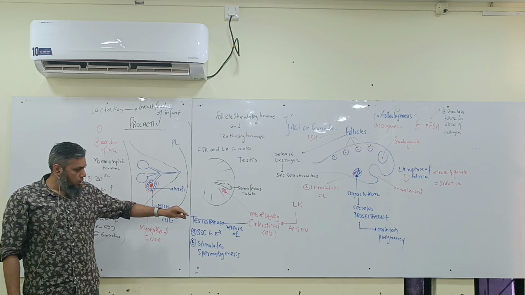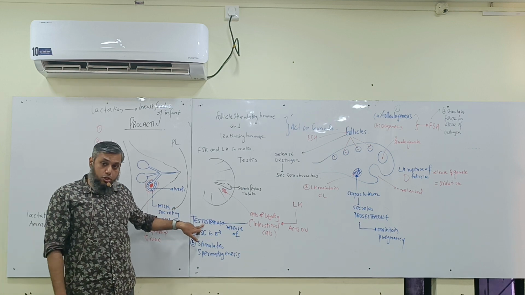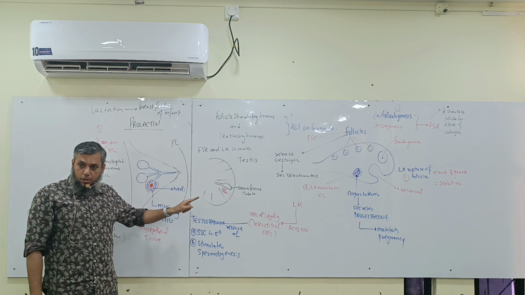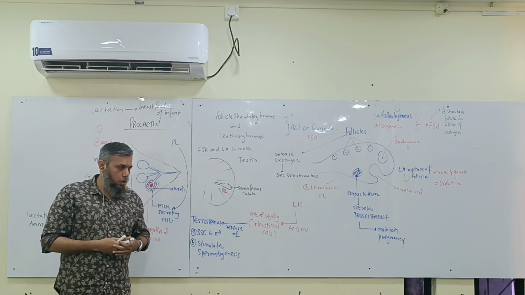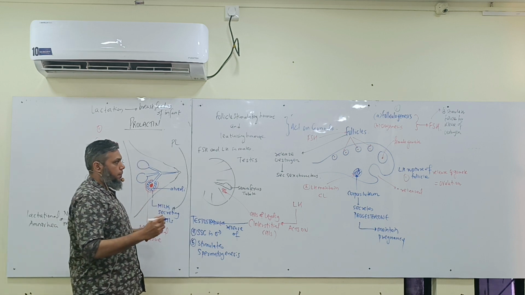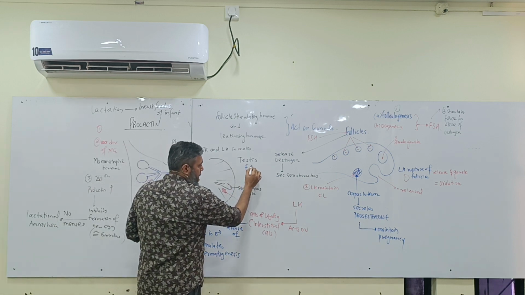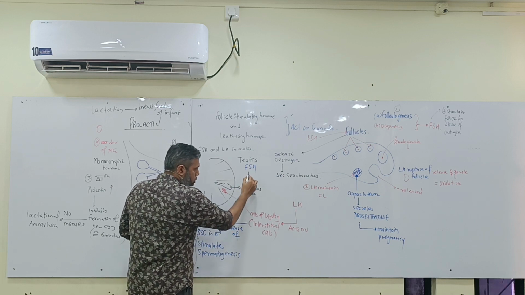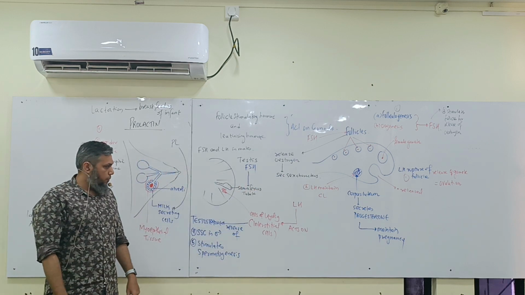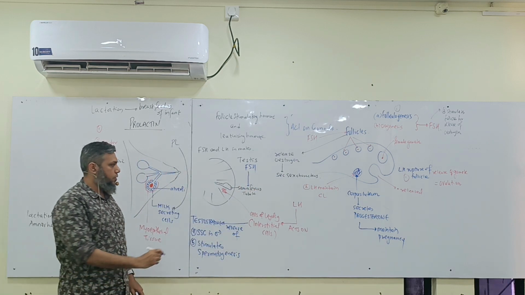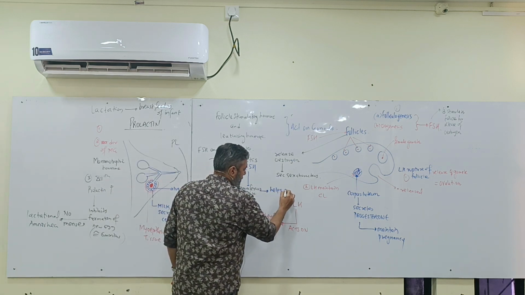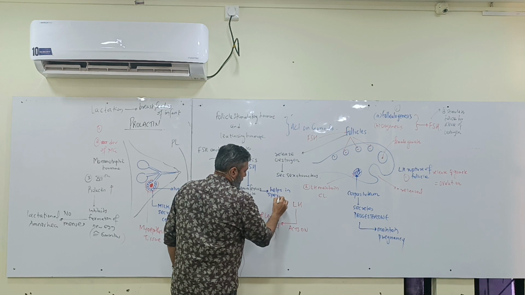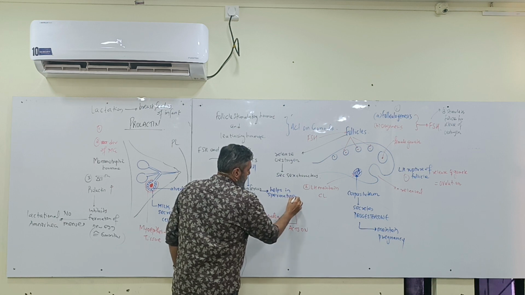Understood? So, testosterone is a hormone of the testis, not of the pituitary gland. Clear everyone? Okay. Listen to this. FSH also acts on seminiferous tubules, and it also helps in the process of spermatogenesis.